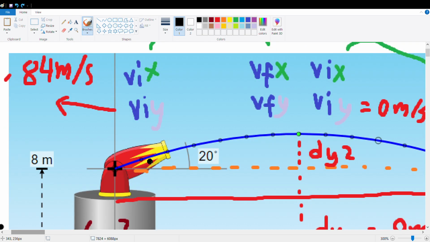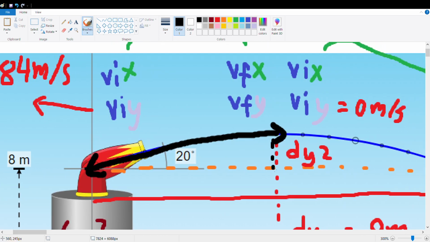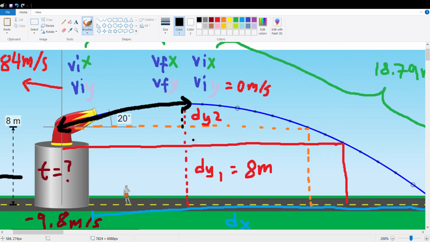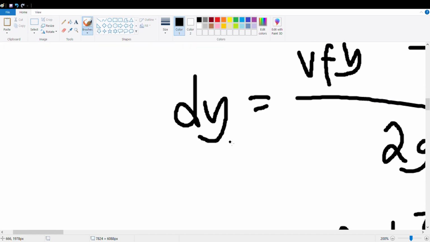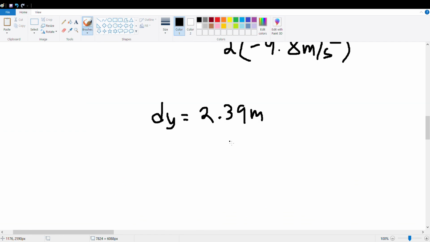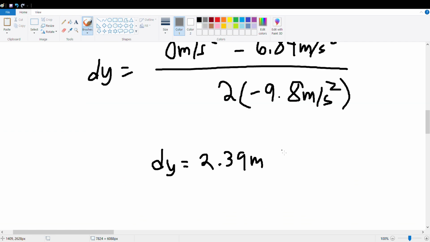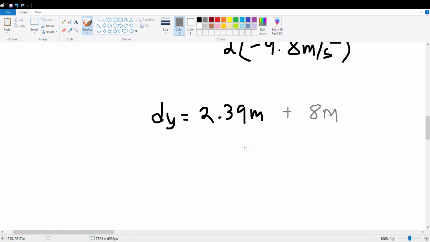We basically solved for this part, and then since it's negative 9.8 meters per second, that's why we try to solve for this. And to get the final dy, total dy I mean, is we just add it by 8, or the height of the building.